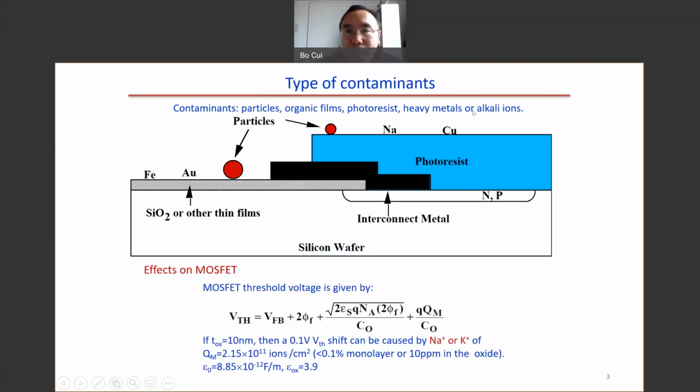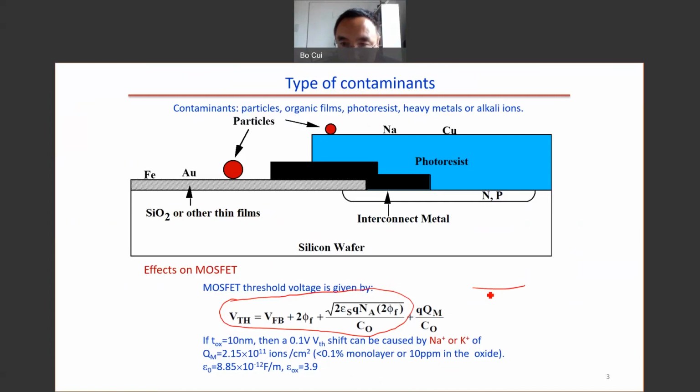For the ions, they have charge. This charge will shift the threshold voltage, given by this formula. We have known that the threshold voltage is given by this term, with the charge Qm, the charge at the interface.